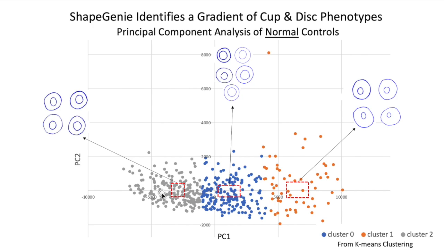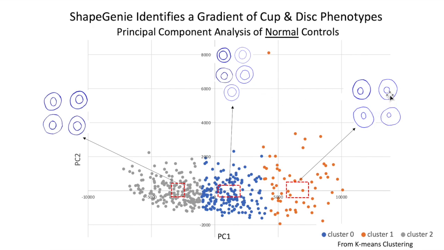The dots are color-coded according to the 3 groups identified by k-means clustering. And as a way of verifying that the k-means clusters are biologically meaningful clusters, we compare the morphology of the middle 5 samples in each region, and we found that these clusters represent distinct cup and disc phenotypes.